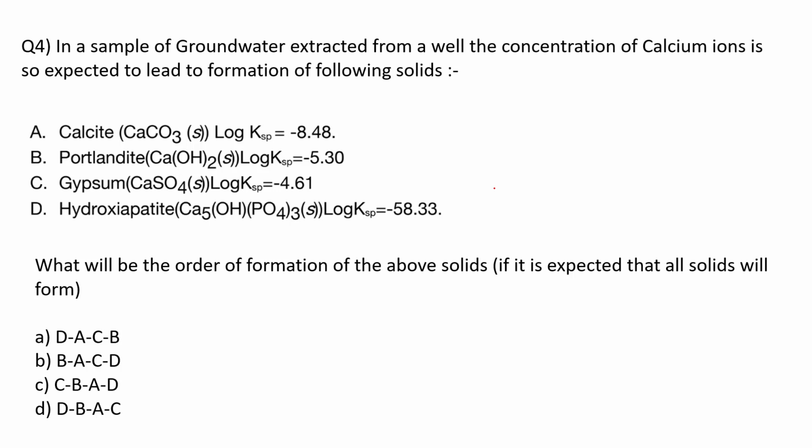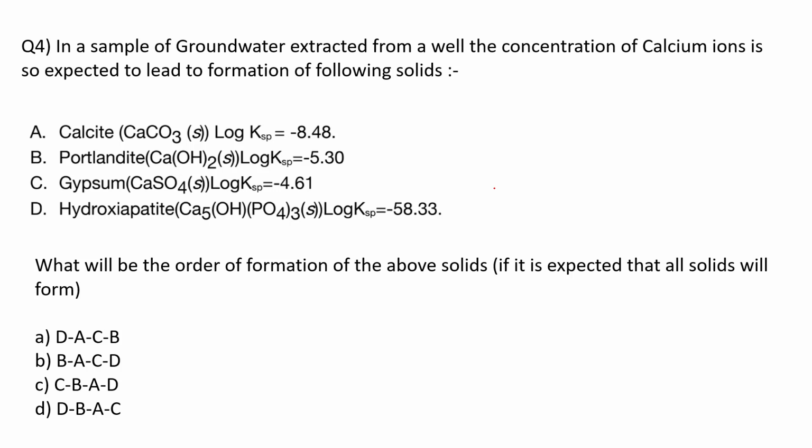Question number 4: in a sample of groundwater extracted from a well, the concentration of calcium is expected to lead to the formation of the following solids. So this question is saying that we sampled a well, we found the calcium ion concentration, and it is expected that it will lead to the formation of these four types of solids. One is calcium carbonate.